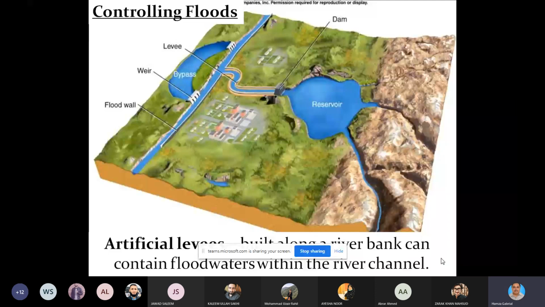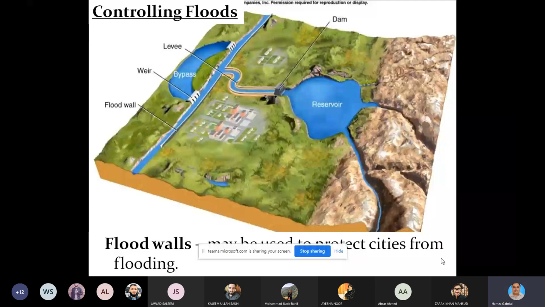So second, man-made structures can be the construction of artificial levees or embankments or bunds, as we call them locally. A third method can be to construct flood walls. This can also be constructed to protect the cities from flooding. So these are permanent structures which can be constructed.